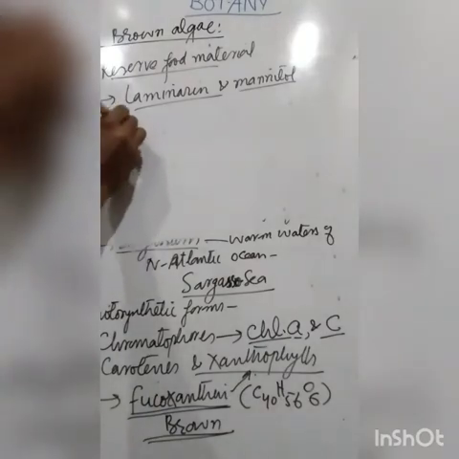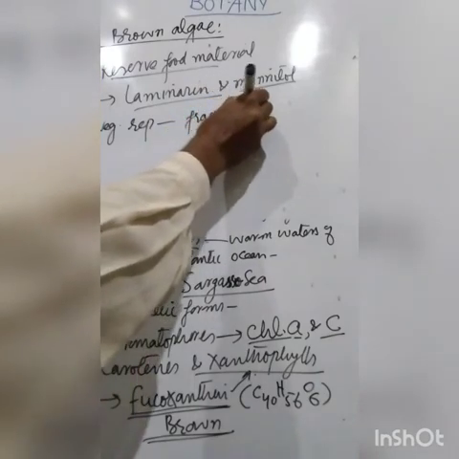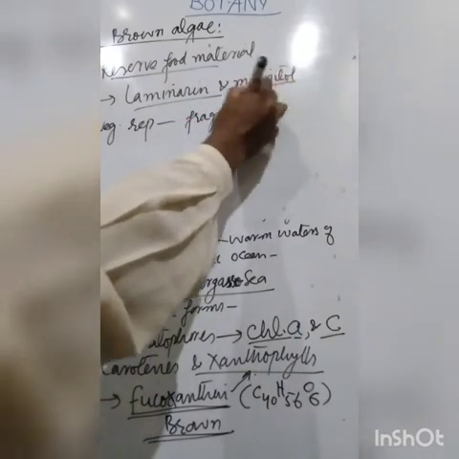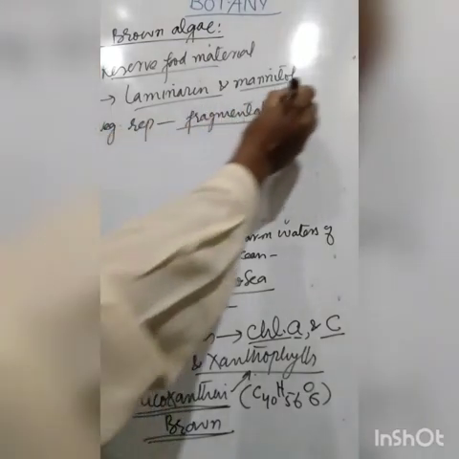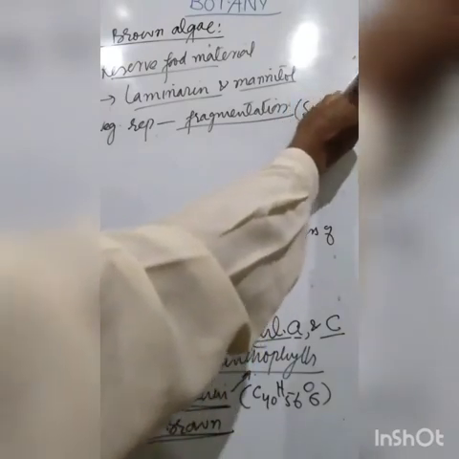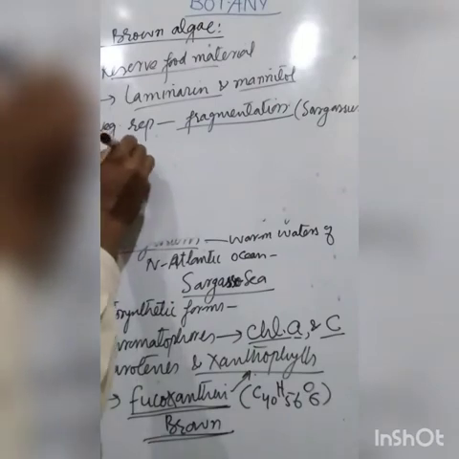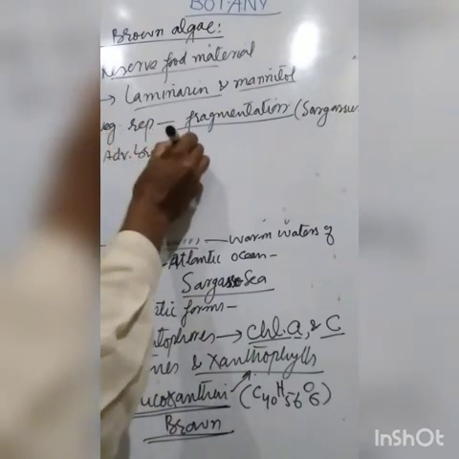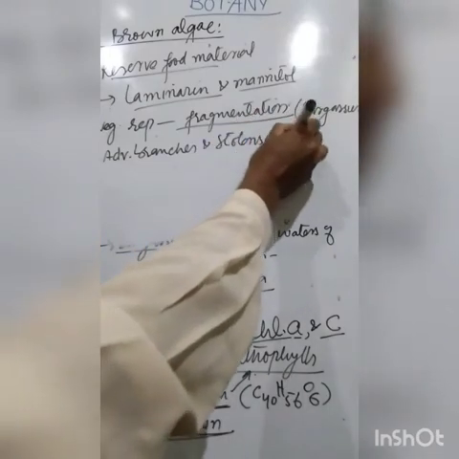Vegetative reproduction occurs by fragmentation of the thallus, and there are also adventitious branches and stolons. For example, Sargassum grows vigorously by vegetative reproduction, that is, there are adventitious branches and stolons in Dictyota.